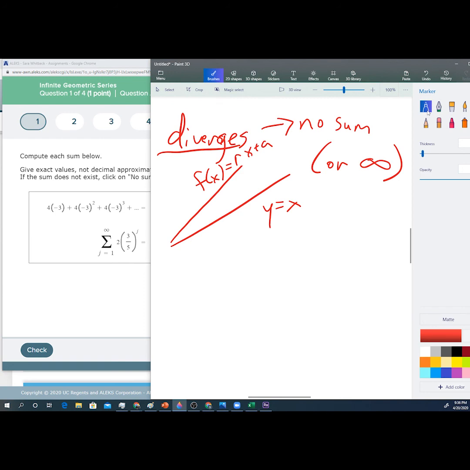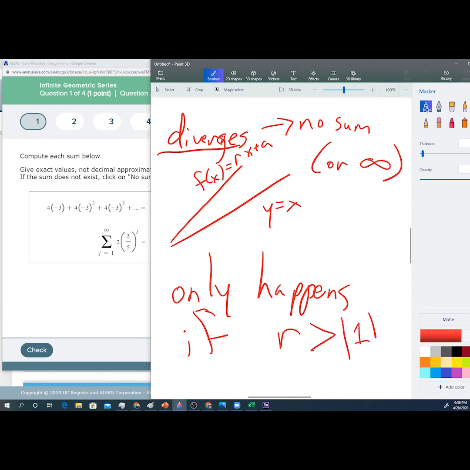Now remember, that only happens if your r value is greater than 1. And like I brought up before, technically greater than the absolute value of 1.